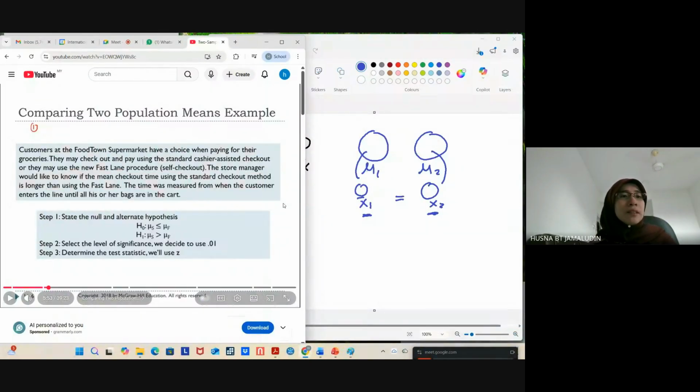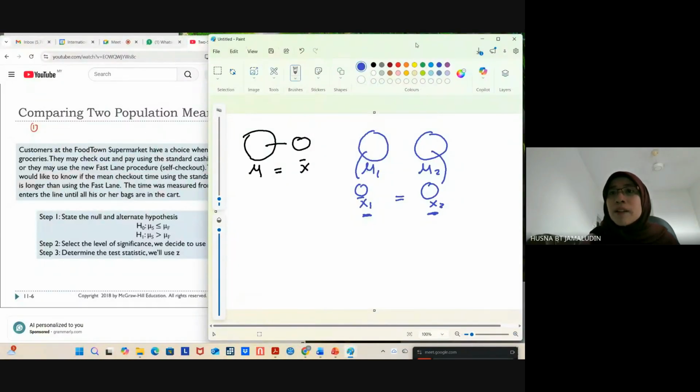So remember, in this chapter, you have to know a few things. Let me write it down here. First, you have to know how to differentiate between one sample hypothesis versus two sample. Second, you have to know whether you are talking about a Z or T test.